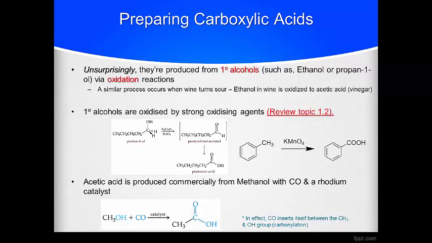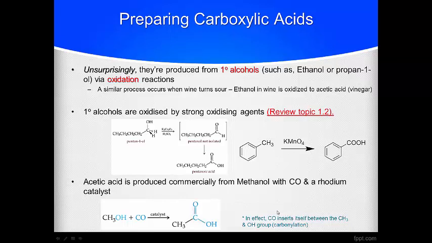Remember your strong oxidizing agents we've talked about in topic 1.2: potassium dichromate and potassium permanganate. So we've gone from an alcohol all the way to our carboxylic acid. Or we've gone from an alkane all the way to the carboxylic acid.